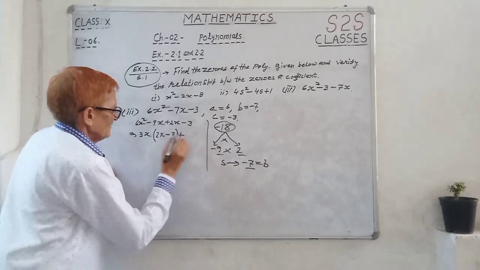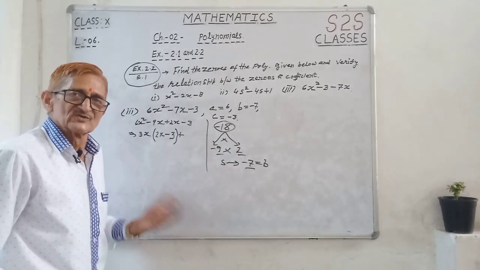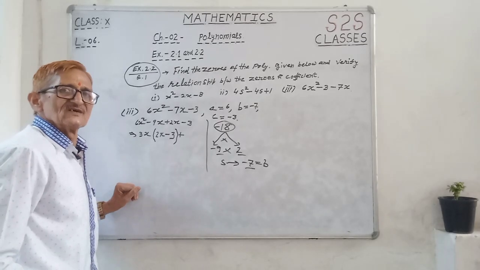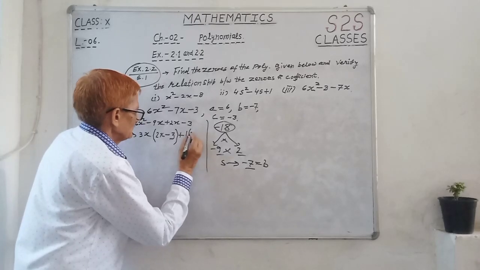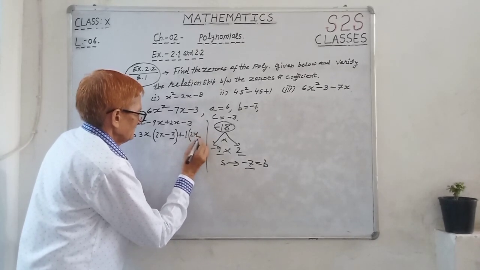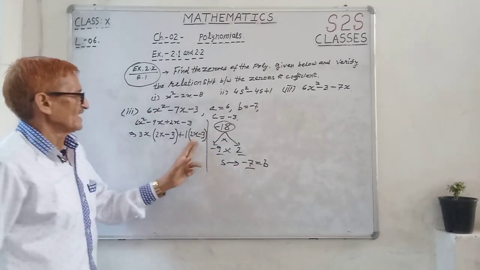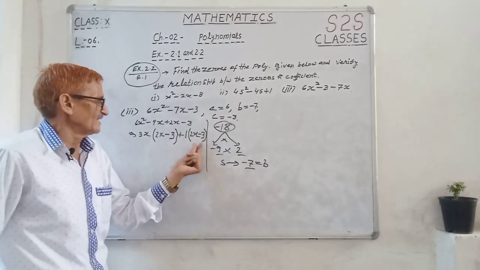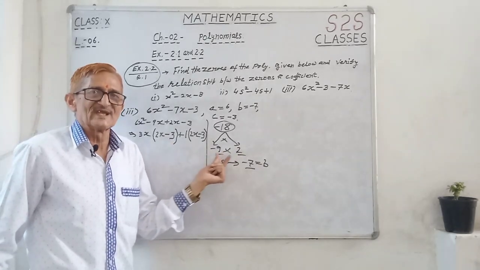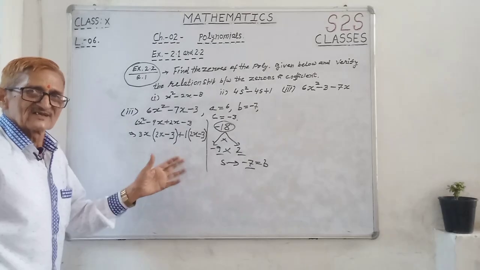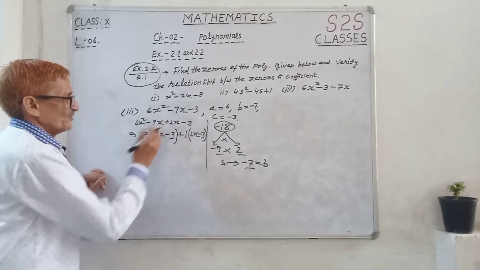Now plus, what is common in 2x and 3? No common factor in 2 and 3, so the highest common factor is always 1. If no common factor, 1 is common, then 2x minus 3. Here the important thing is that both factors inside must be the same. Otherwise you have made a mistake in taking the factors. Check your factors again if both don't match after taking the highest common factor.